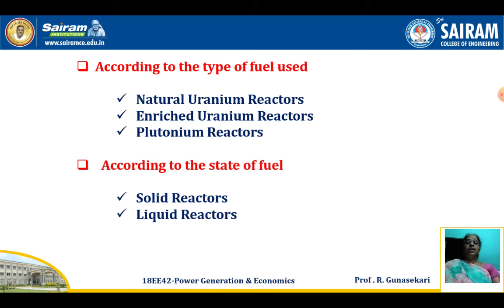These three fuels are used in the nuclear reactor for generating a huge amount of energy. The second one is according to the state of the fuel. According to the state of the fuel, the nuclear reactor can be classified into two types. One is solid reactors, another one is liquid reactors.